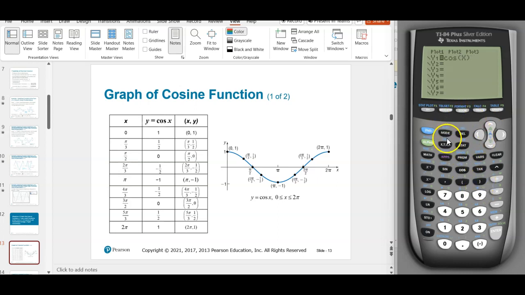All right, if you're seeing a funny graph, make sure that you look at your mode and that you're not in degree mode. If I was in degree mode, just so you can see it, all I would see is this virtually horizontal line, and that was not going to look like what I'm getting ready to show you. That's because it's doing degrees, and there's 360 degrees in 1 revolution.